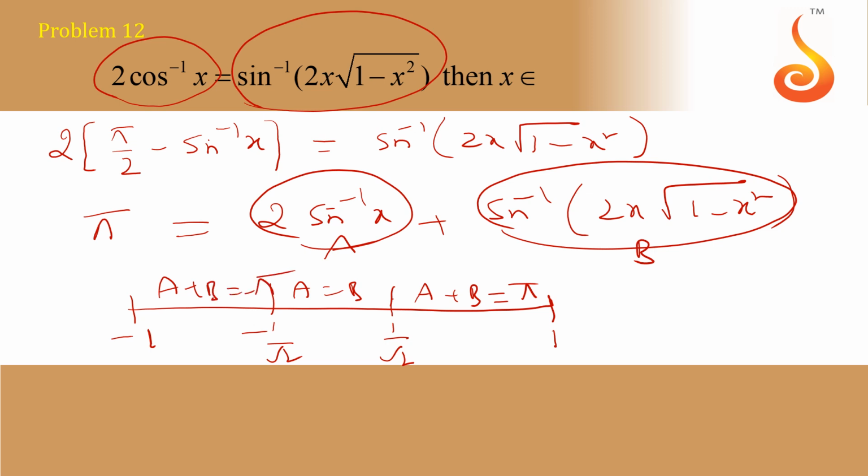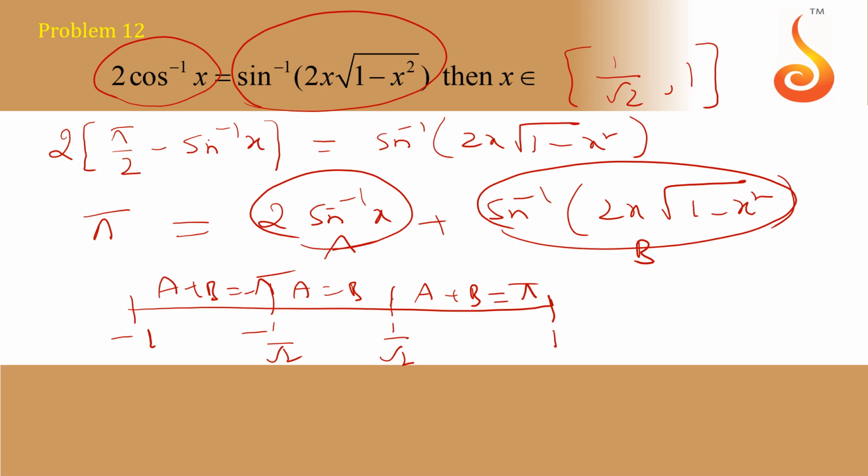So here we got a plus b equal to pi, so x belongs to the closed interval 1 by root 2 to 1. But there are several ways to solve this. This is one of the ways, by learning the outputs of inverse trigonometric functions.